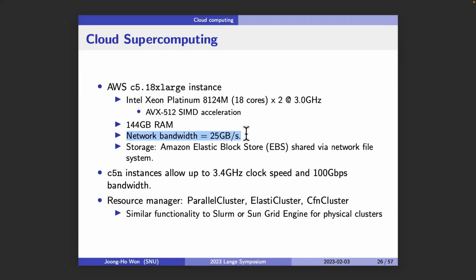So that's pretty fast. So I can conceive some fast working virtual supercomputer. And there's also storage support. And if you have more money, then you can get the faster CPU and faster interconnect. So it has become a viable option for, say, high performance computing.